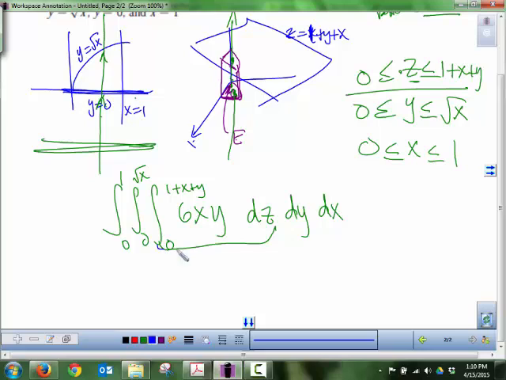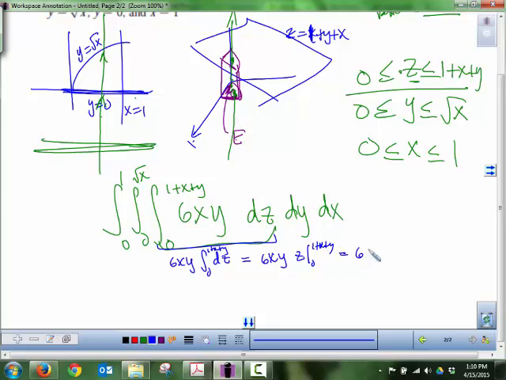Inside the integral, I could take the 6xy out, and then I would integrate 1 dz from 0 to 1, plus x plus y. That says x plus y there. So 6xy is your constant, and then your integral is just z, and then you put in 0 and 1, plus x plus y.